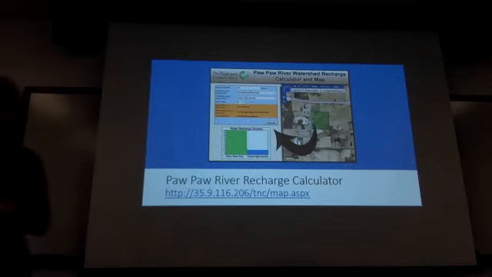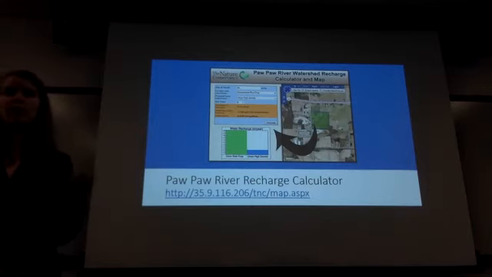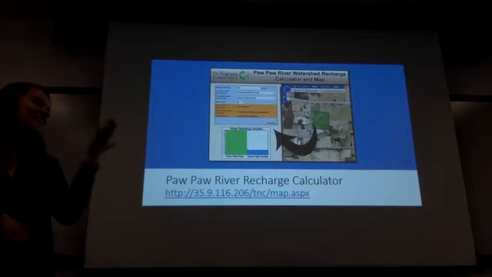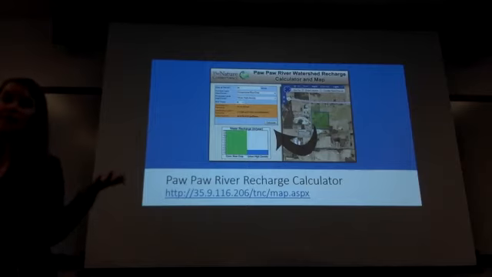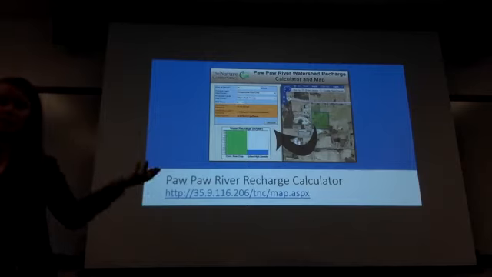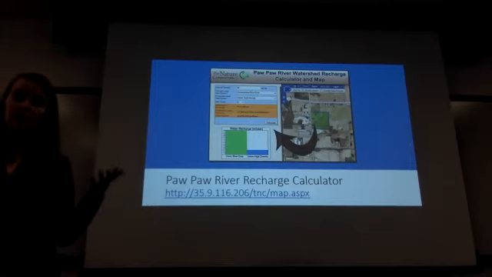Through TNC, they were working with the Coca-Cola Foundation, and Coca-Cola put in a new bottling plant in the Paw Paw River watershed, which is, here's my hand, in the southwest-ish Michigan area. Coca-Cola wanted to be able to offset its groundwater pumping in that area. So they were going to pay farmers to put in these different conservation practices, and they needed a way to quantify what that looked like.